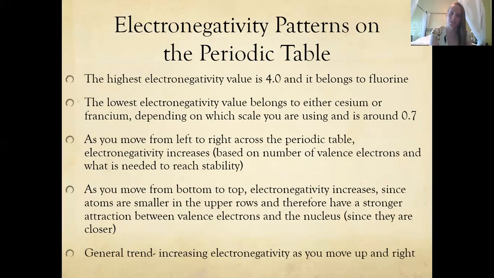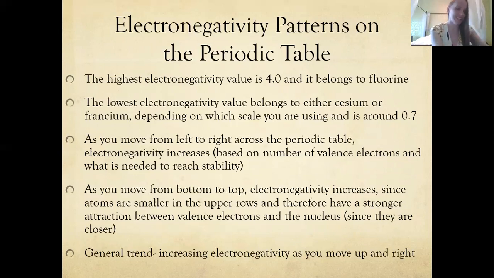The highest electronegativity on the periodic table belongs to fluorine, so it is the most reactive of the nonmetals. The lowest electronegativity belongs to either cesium or francium, but both are around 0.7. There is debate on which one actually is the lowest, but those are both very, very reactive metals.